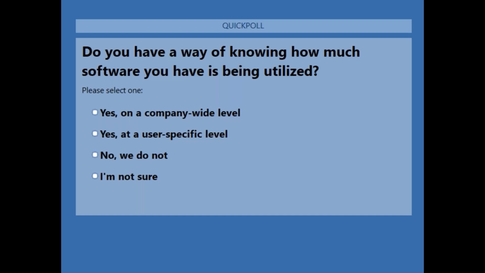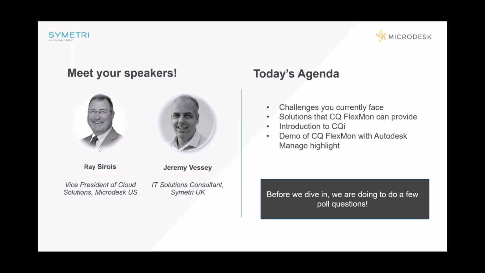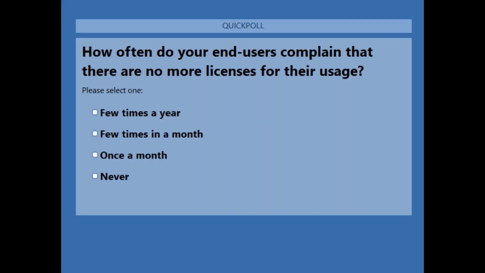So 42% say that we do not have a way of knowing how much the software has been utilized. And there's also a quarter of the folks that say that they just don't know. Thank you for your answers. I think we have one or two more questions.